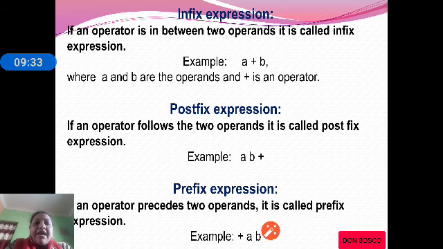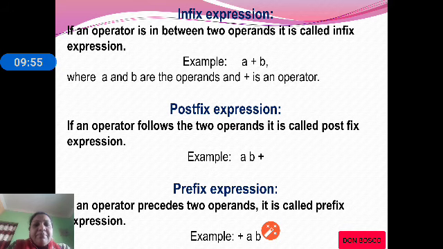The same expression A plus B can be written as AB plus, which means the operator is placed after the operands. If an operator follows the two operands, it is called a postfix expression.